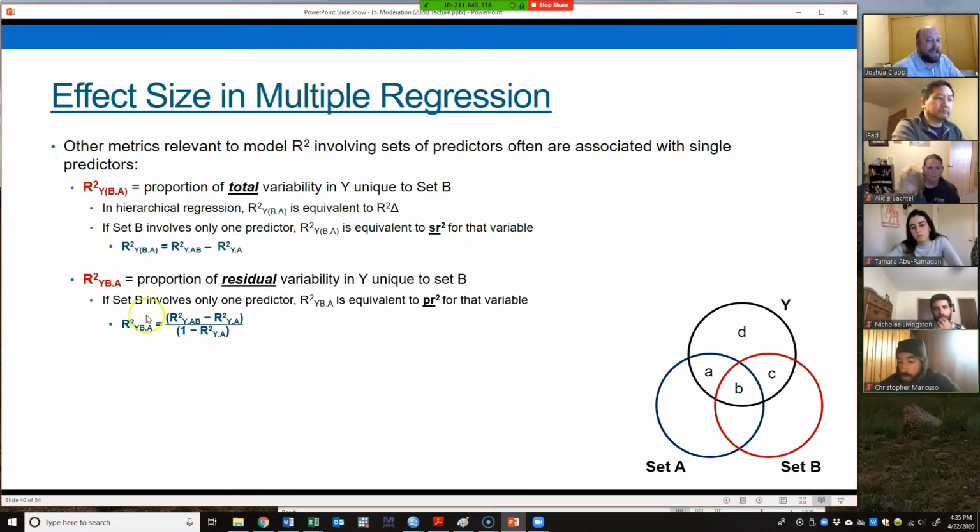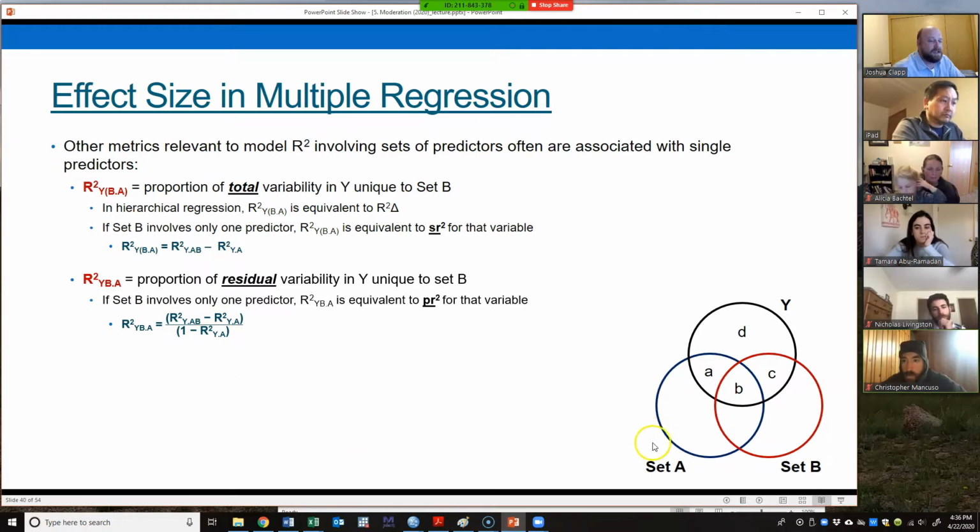I can get my partial R squared by taking my R squared for my total model, subtracting R squared for my reduced model, and taking that over 1 minus R squared of my reduced model.